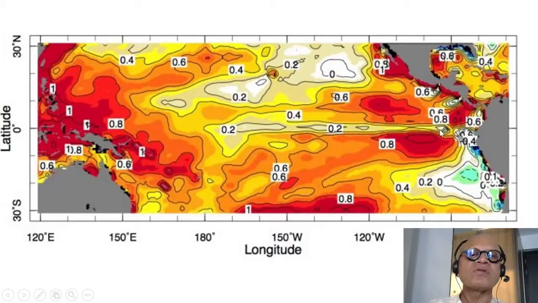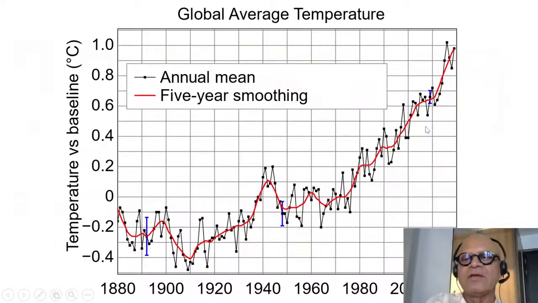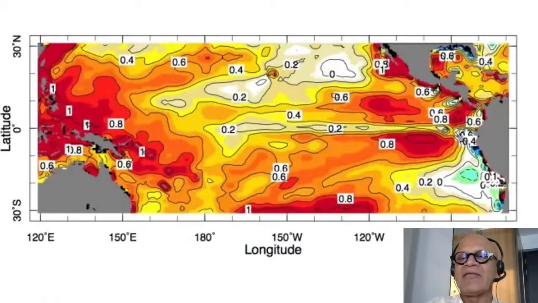Why is that important? Because remember, this region takes up heat from the atmosphere. So if the ocean continued to take up more heat here, that could explain part of this flattening of the warming trend. Okay, that's the argument made in any case. But this has larger implications. Why?